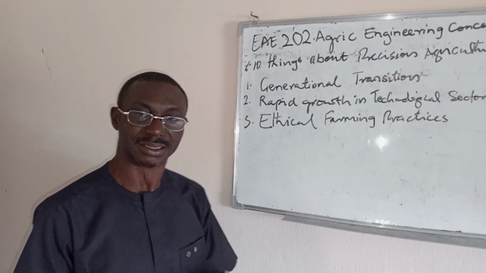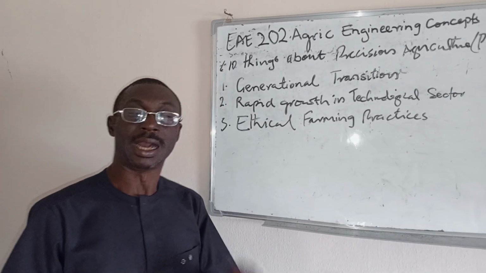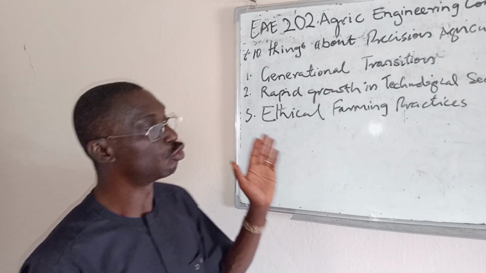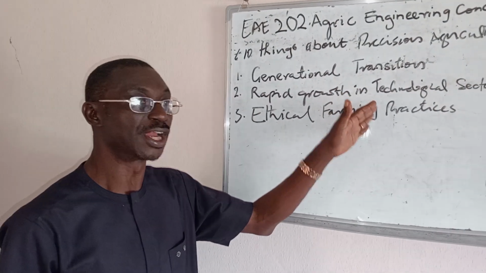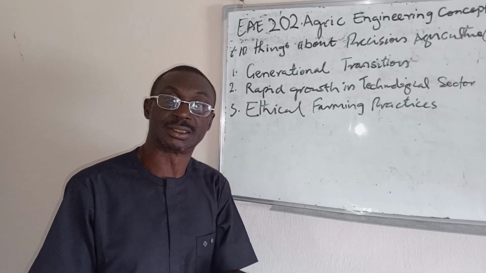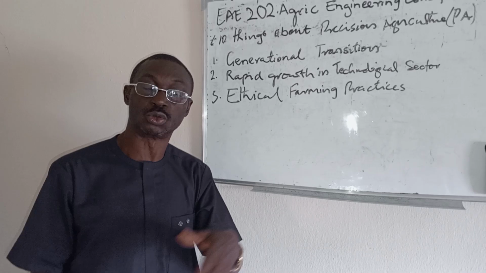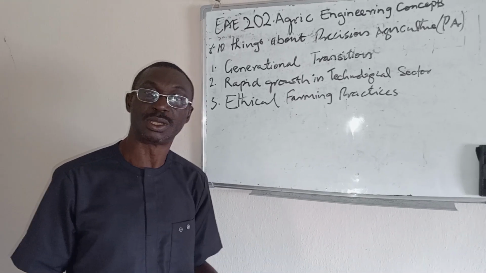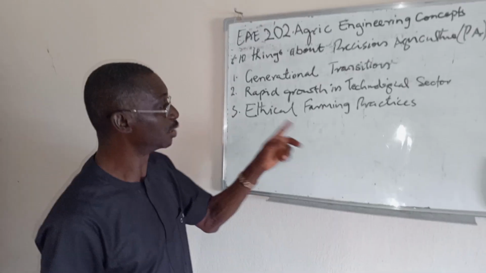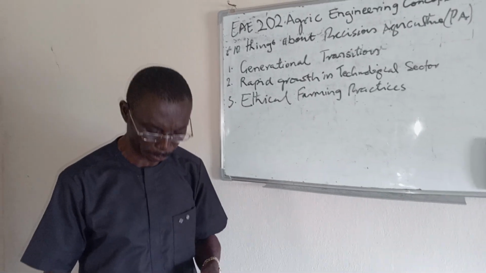There are things needed in farming practice, just like every other walk of life, and those things must be maintained. If those things must be maintained, you have to bring up your technology that will meet those ethics without altering them, because alteration may result in negativity. Alteration may result in some problems. So you should know that it's ethical farming practices.